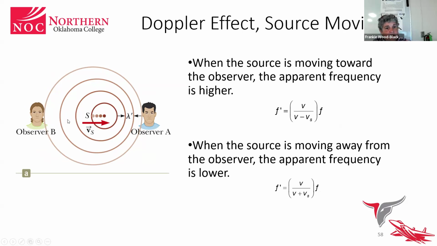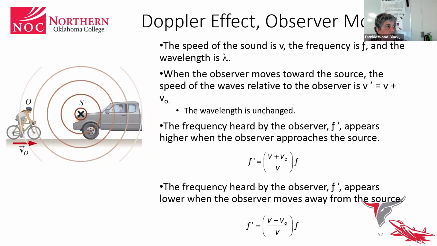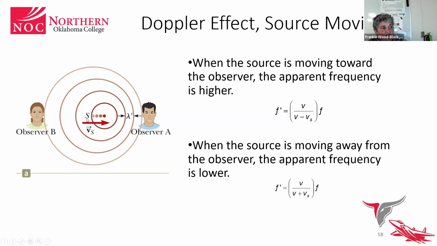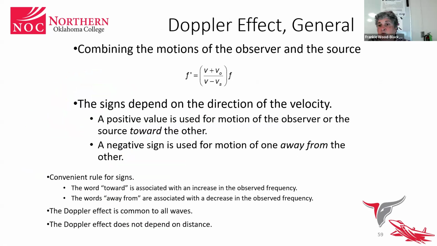So you have different types of conditions. You have the condition when the observer is moving and the source is stationary, and the condition when the source is moving and the observer is stationary. And then you have the condition where both are moving.